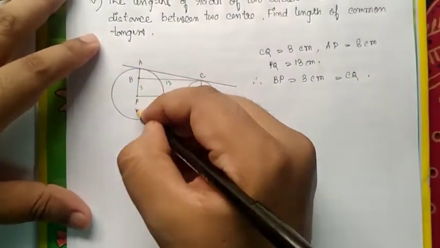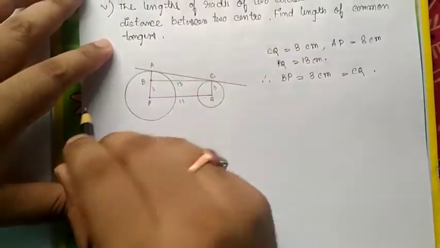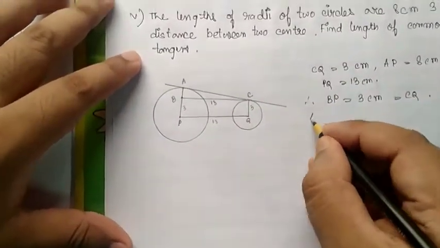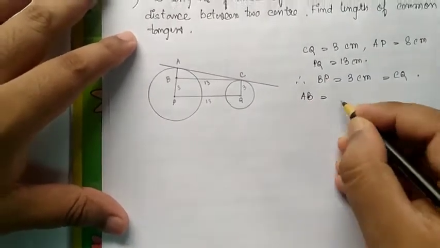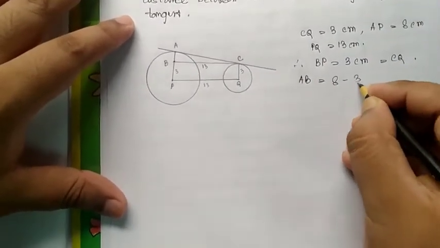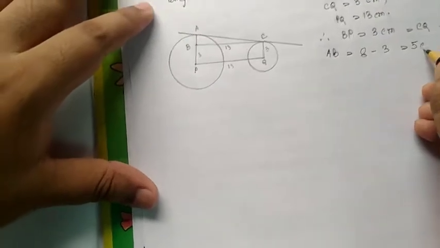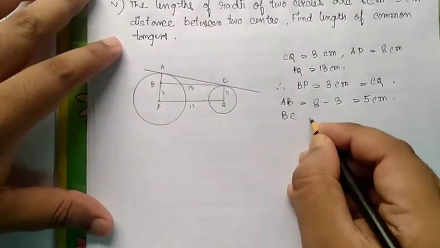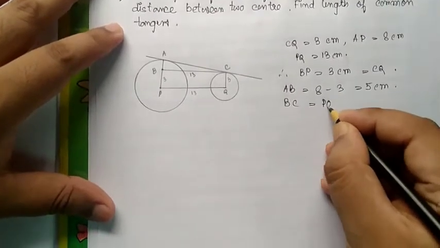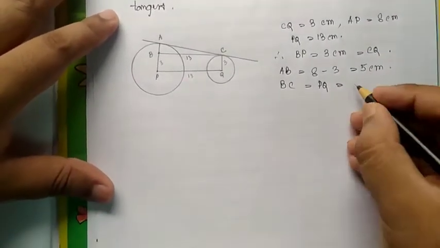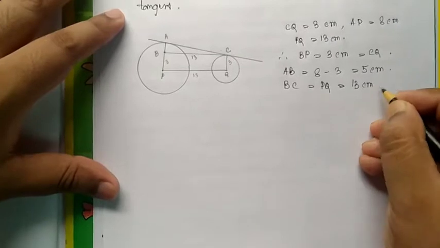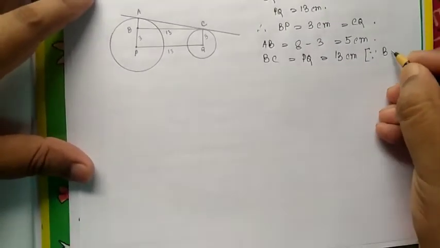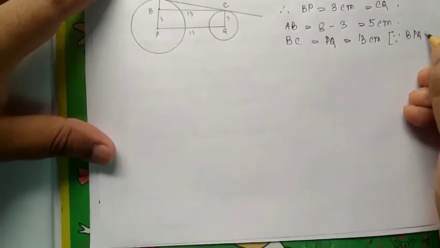So if AP equal to 8 centimeter and BP equal to 3, therefore AB equal to 8 minus 3, 5 centimeter. BC is equal to PQ equal to 13 centimeter. Why? Because BPQC is a parallelogram.